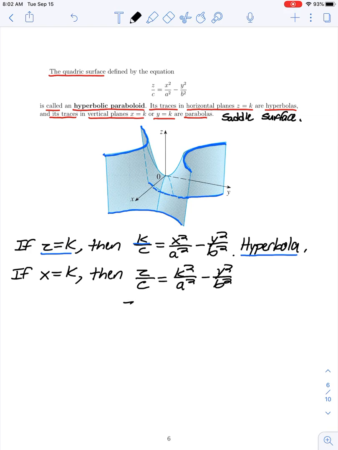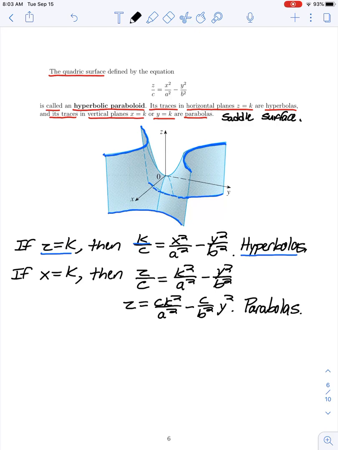Simplifying this a little bit, z would be equal to c k squared over a squared, so some constant, minus c over b squared times y squared. So z would be a quadratic function of y, so we would have a parabola in that plane.